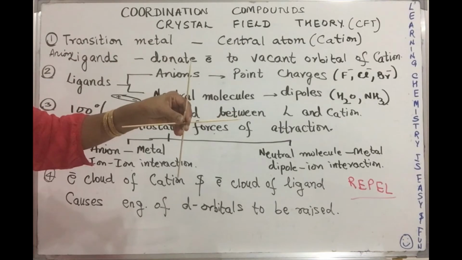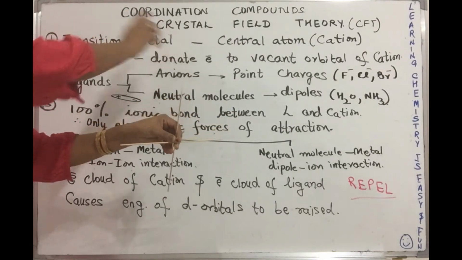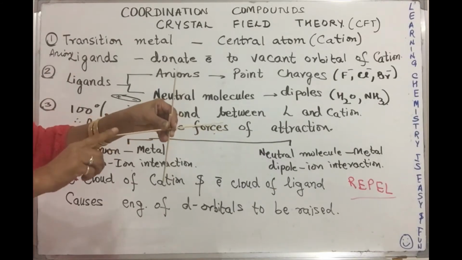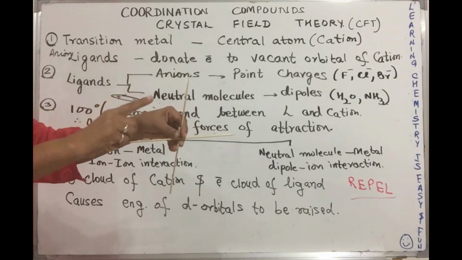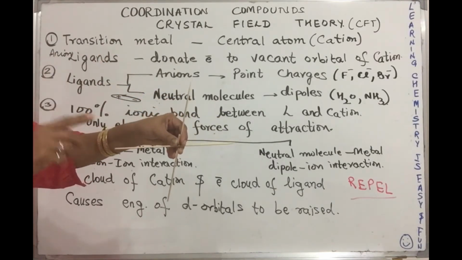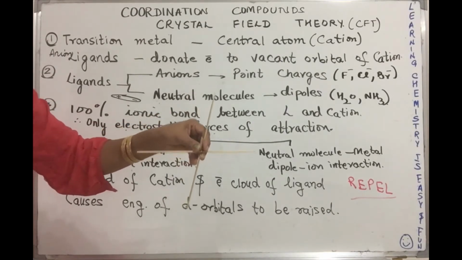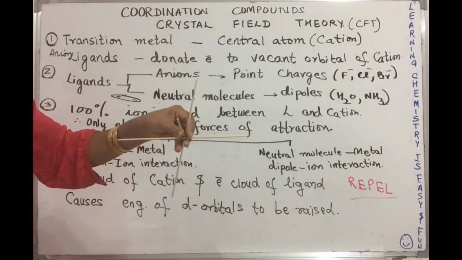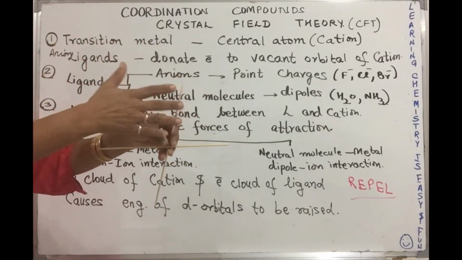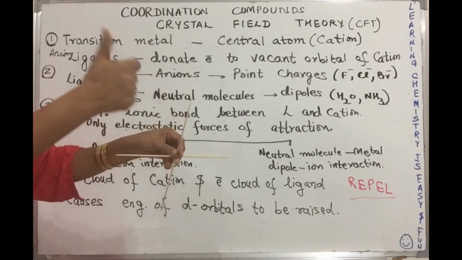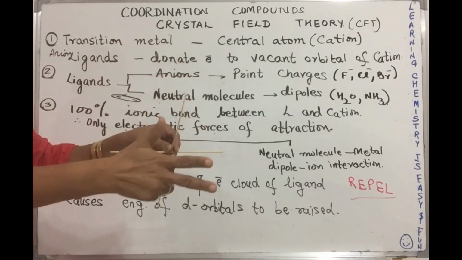Why are we studying this? Because here the central atom is a transition element in which the electron is present in the d orbital. Your d sublevel is incompletely filled. Next step that you need to understand is the d sublevel consists of orbitals dxy, dyz and dxz.